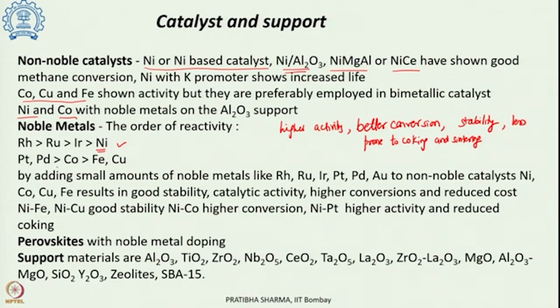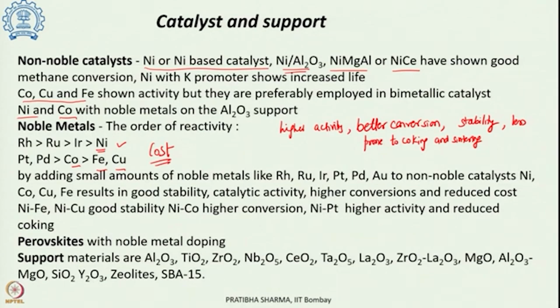Platinum and palladium have higher activity compared to cobalt, iron and copper. So, noble metals definitely have better activity and stability, and provide good conversion and selectivity, but the cost is the major problem here.